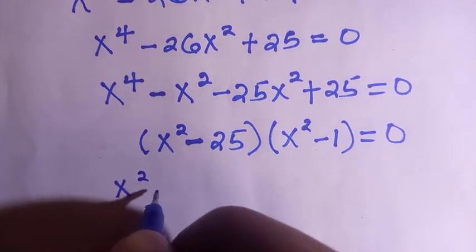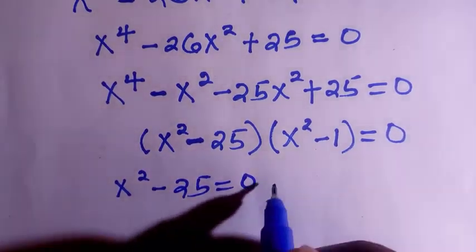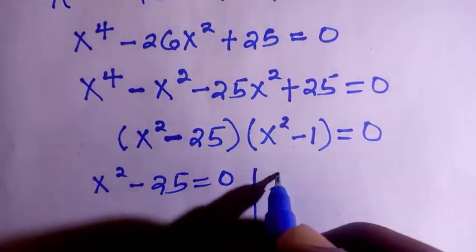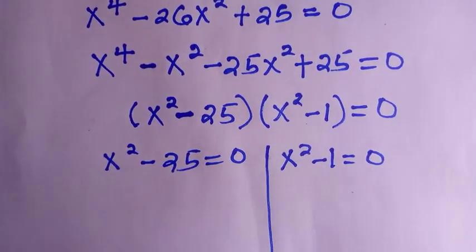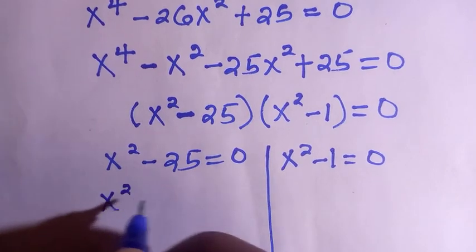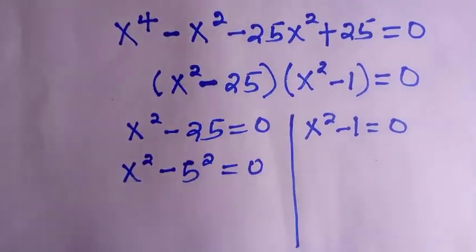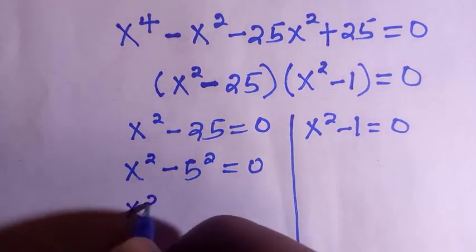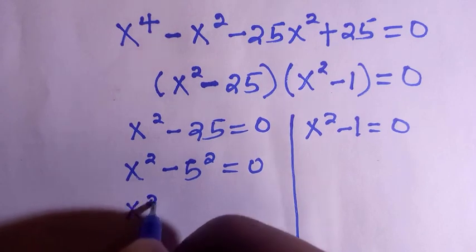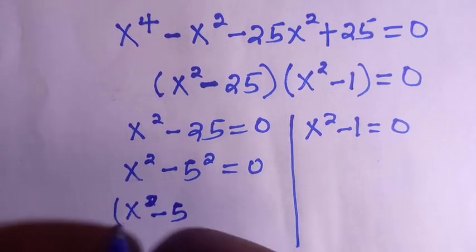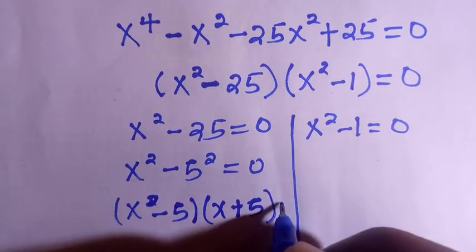Then it's either x^2 minus 25 equal to 0, or we have x^2 minus 1 equal to 0. For this one, it is x^2 minus 5^2 equal to 0, and since this is a difference of two squares, it's going to be (x - 5)(x + 5) equal to 0.